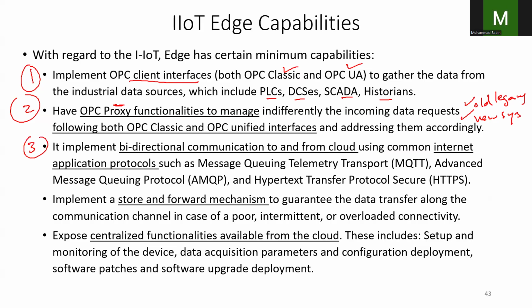So the third thing is that the edge device should enable bidirectional communication with the cloud. This is another important thing. This is usually done using internet-based protocols, for example MQTT, Advanced Message Queuing Protocol, and Hypertext Transfer Protocol Secure.